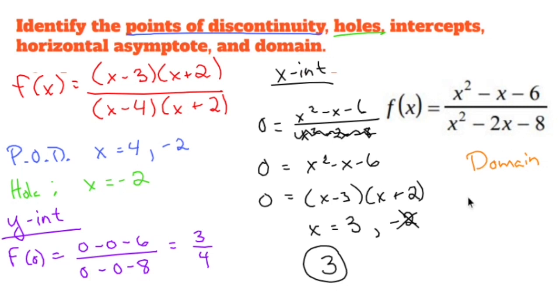So my domain is all real numbers, but x cannot equal 4 and x cannot equal -2. Where did I get 4 and -2 from? That's where my graph was discontinuous. So I'm allowed to plug in all real numbers except 4 and -2. So lots going on there, but there you have it. I think I covered everything.